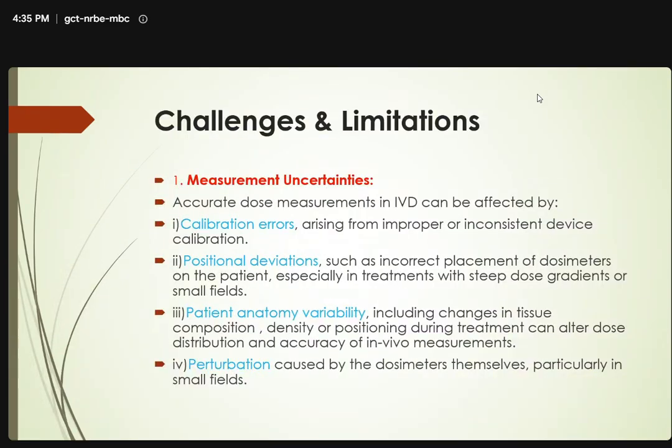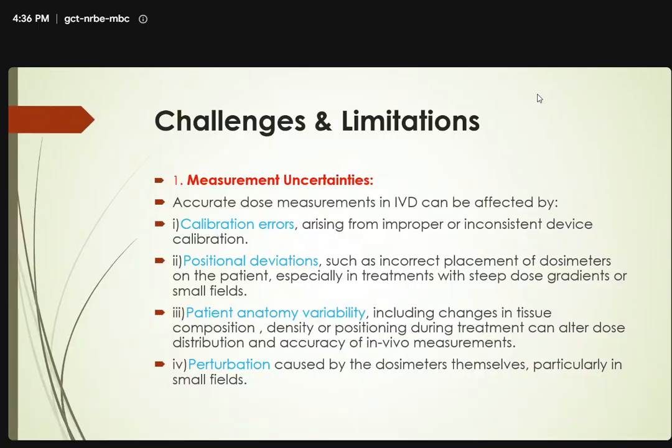Now, what are the challenges and limitations? So, first we can say, starting from the measurement uncertainty, accurate dose measurement in in vivo dosimetry can be affected by a few factors. First is calibration error arising from improper or inconsistent device calibration.